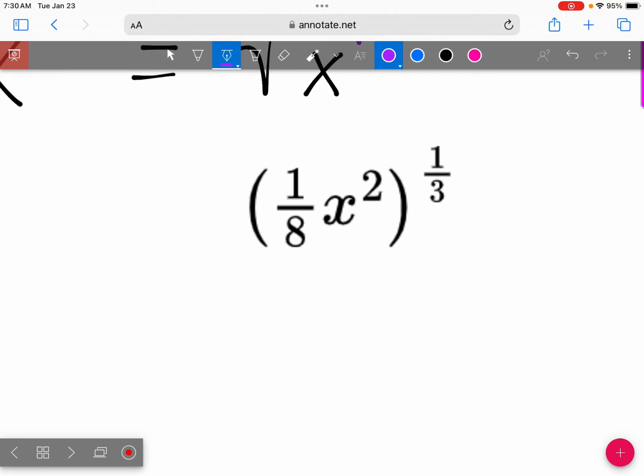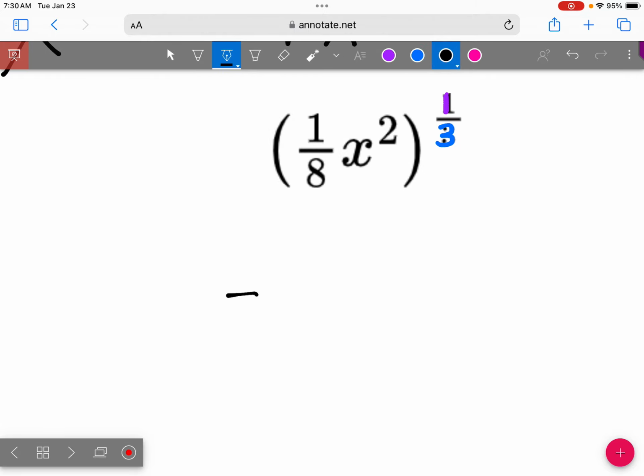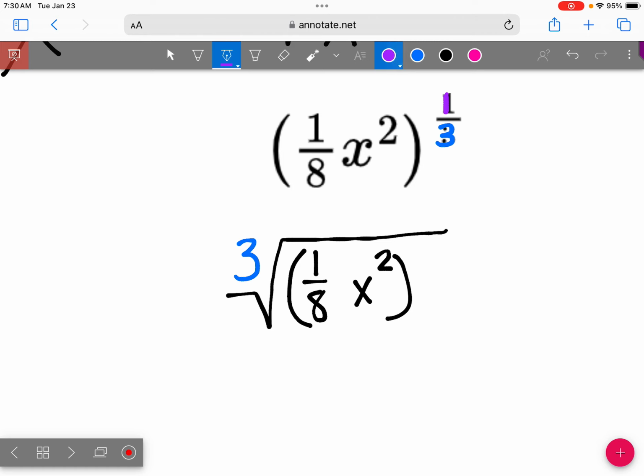The right-hand side, we're doing a very similar thing. I have a power, and I have an index. So we can write this, it doesn't matter what's inside, we can start this out exactly the same way. With our cube root of 1/8 x squared. All of this has a power of 1.